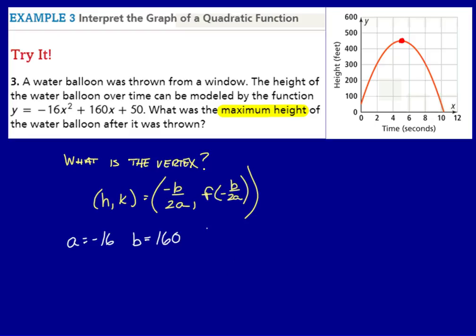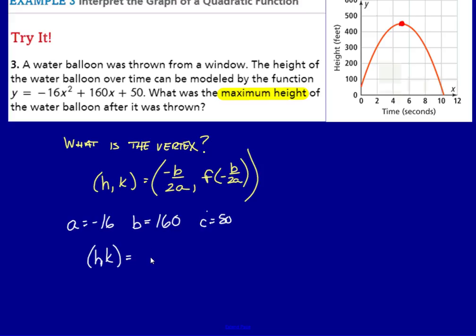We don't really need that today for this one, but we're going to write it down anyways. So plug it in up here. H comma k is equal to negative b over 2a. So it's negative 160 over 2 times negative 16, which is negative 32.